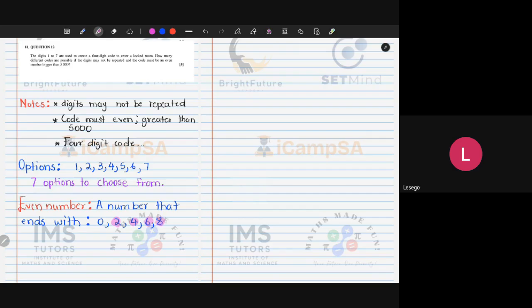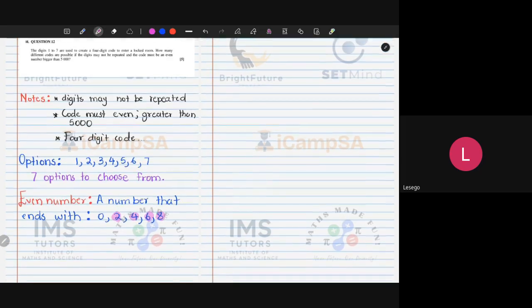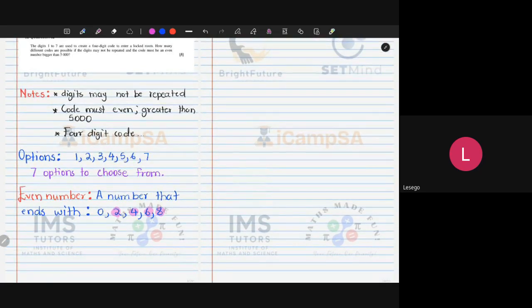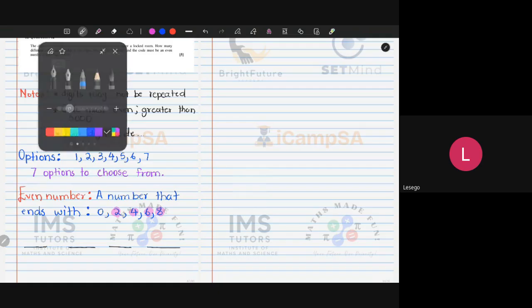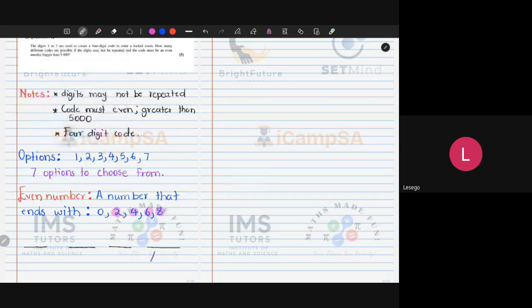We don't have the 0 or the 8, guys. Do you see that? So when we are now thinking about the even number, which is the last number, we require this to be even. Of what we have, how many choices can we choose the last number from?